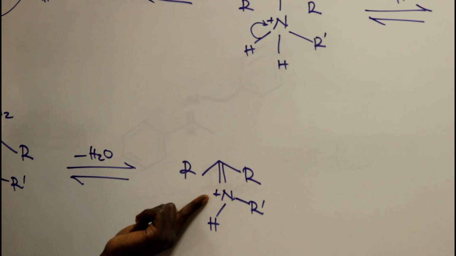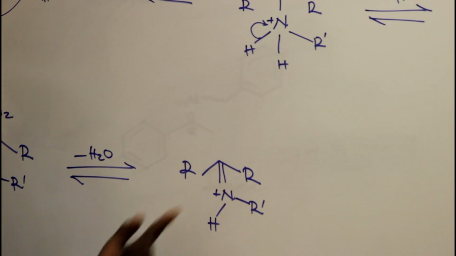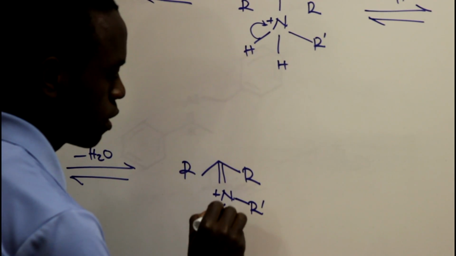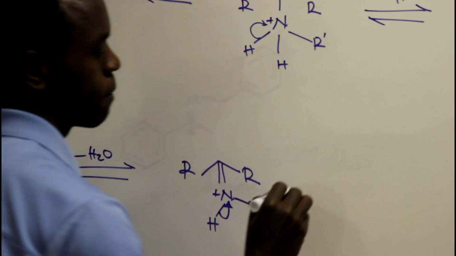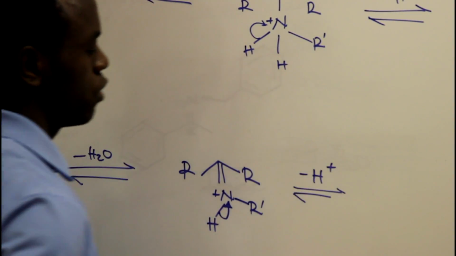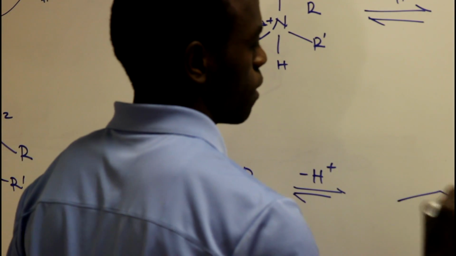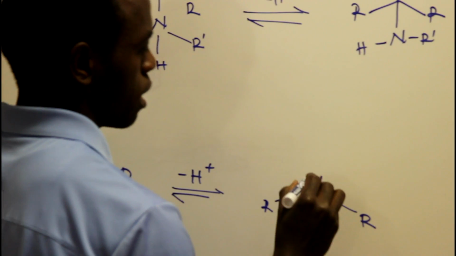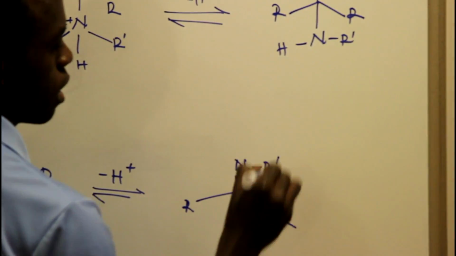Now that we have a positively charged nitrogen atom, we want it to be neutral. How are we going to do that? By losing this hydrogen. This hydrogen will be lost, and those bonds will go back to nitrogen. We lose the hydrogen, and this gives us R, R, double bond, nitrogen, R prime.